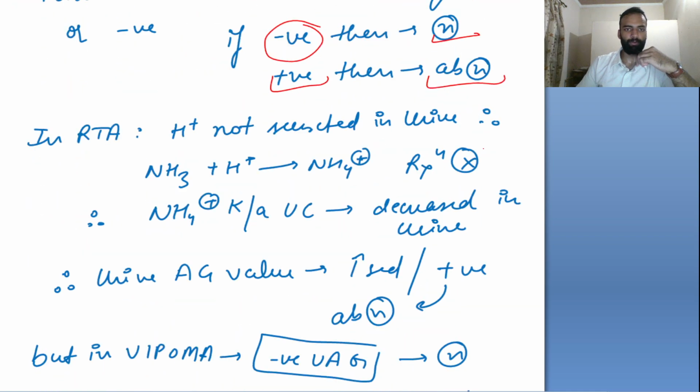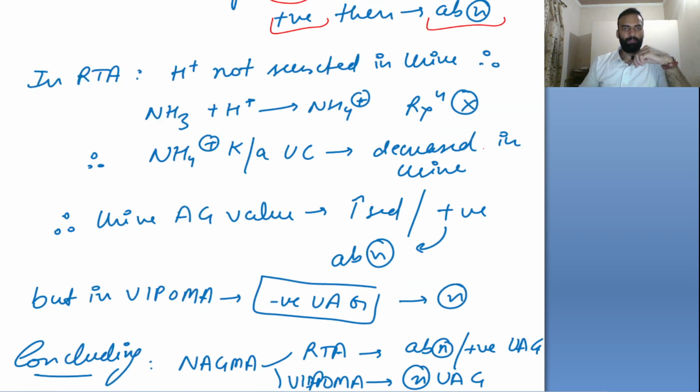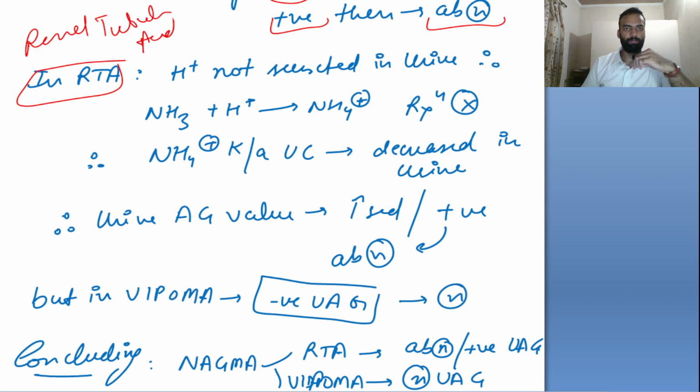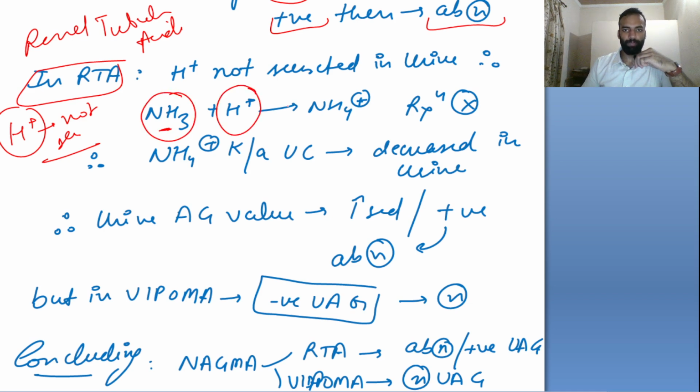In renal tubular acidosis, what happens? Hydrogen ions are not secreted. So the hydrogen ions or protons cannot combine with ammonia in urine, and NH4 positive is not formed.